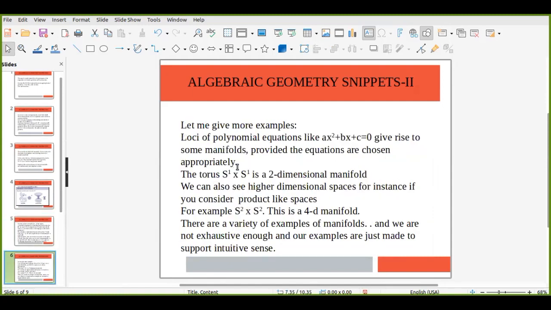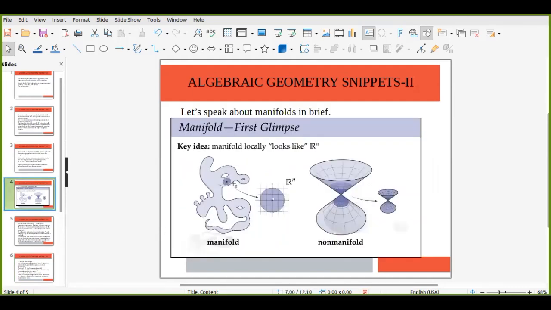So let me give more examples. Loci of polynomial equations like ax squared plus bx plus c equal to 0 give rise to manifolds, provided the equations are chosen appropriately. The torus S1 cross S1 is a two-dimensional manifold. Maybe in this picture, we just look at this part. This part is like a torus.